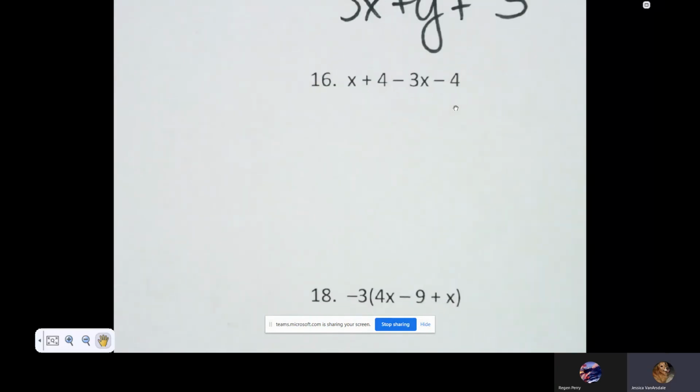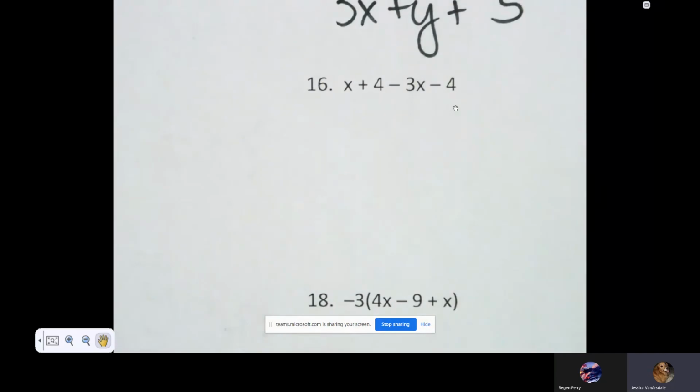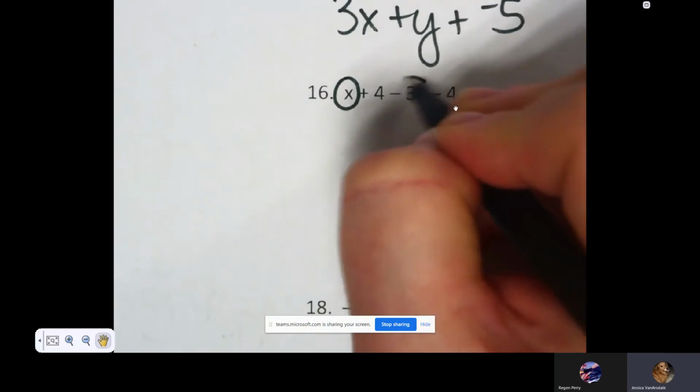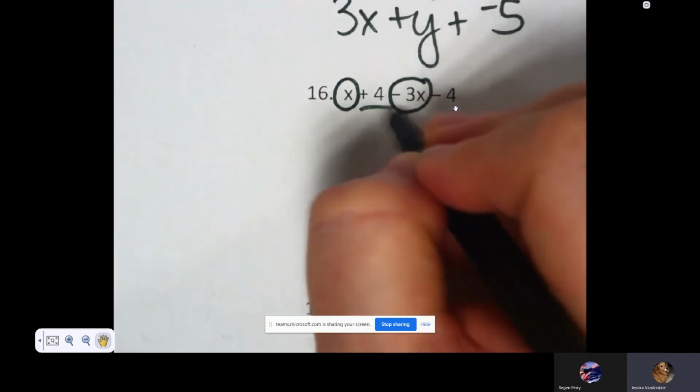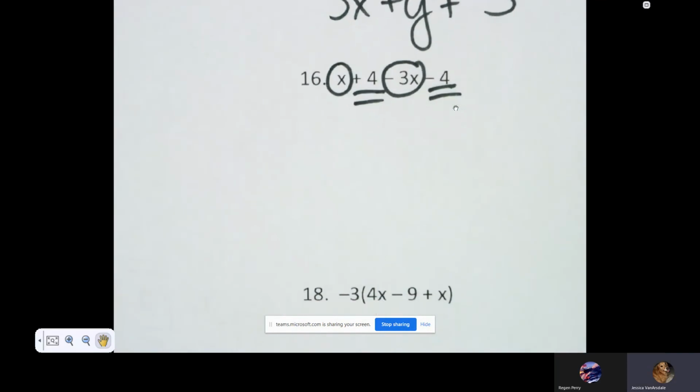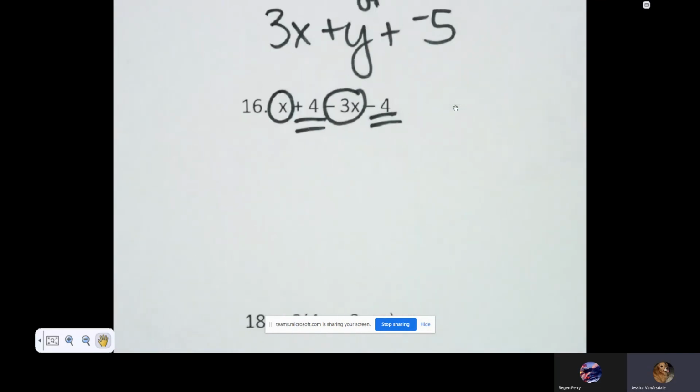All right, 16. The x's go together. So we got 1x and minus 3x. What else goes together? You got this, buddy. 4 and minus 4. Can you see this? Okay.